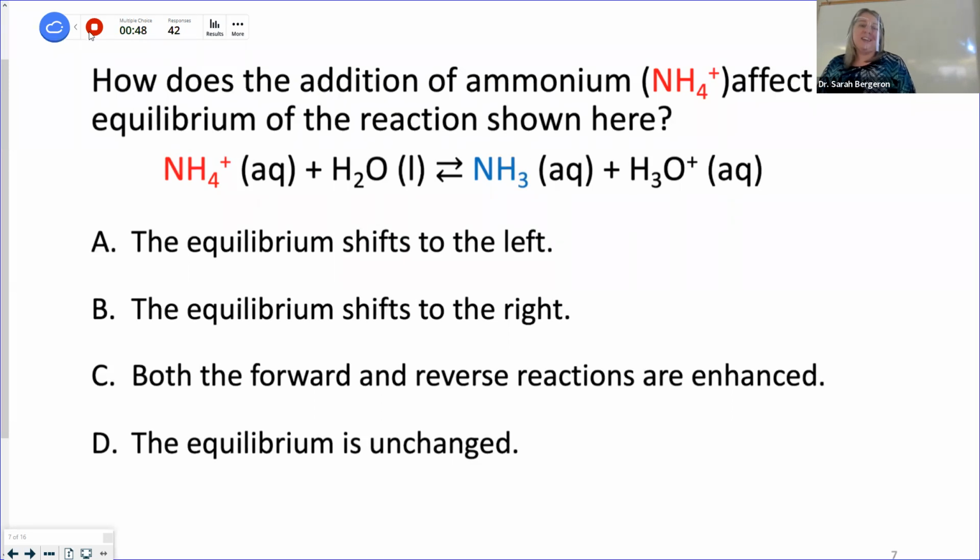Okay. So when you were doing this, if you change something, it has to be either a left shift or a right shift, right? So should you have even looked at C and D? No. So really you had a 50-50 shot on this one, right? So what did we do to the reaction?